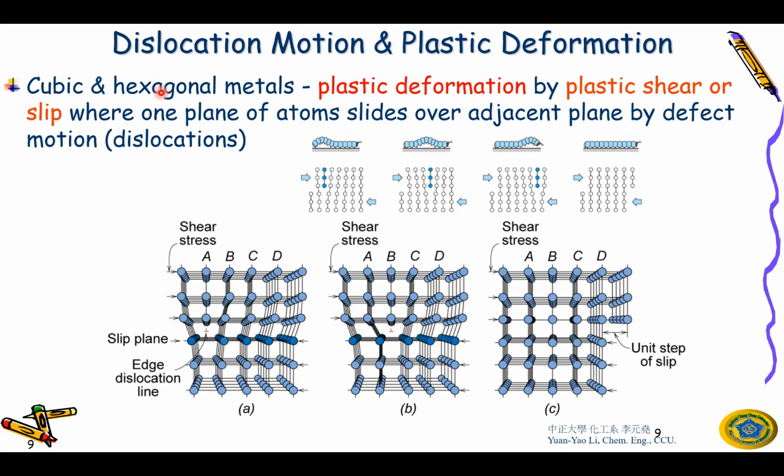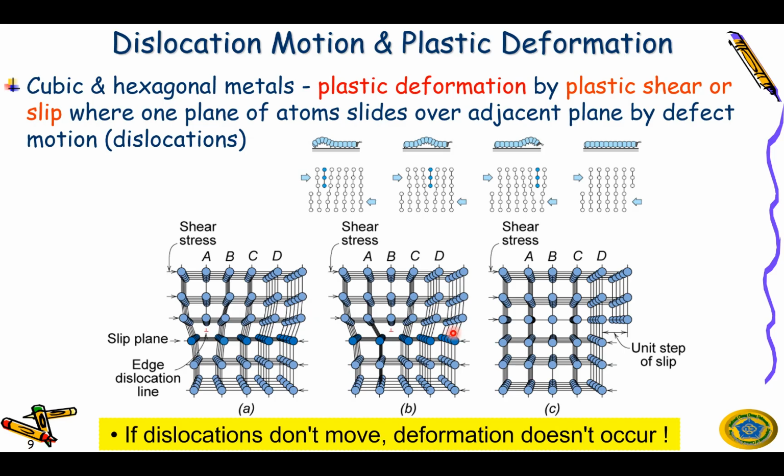So in cubic and hexagonal metals, the plastic deformation occurs by plastic shear or slip, where one plane of the atoms slides over an adjacent plane by defect motion. So this is the definition of the dislocation. You move one plane, one plane, one plane. So if the dislocation doesn't move, the deformation doesn't occur. This is what we call deformation, right?